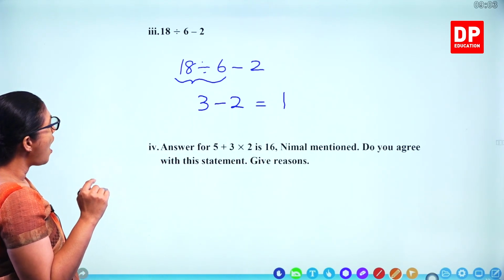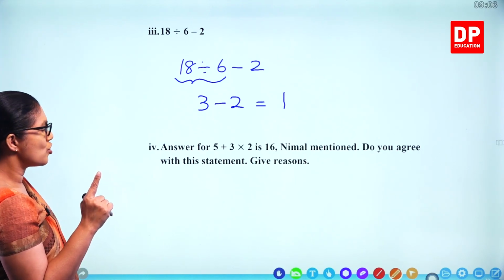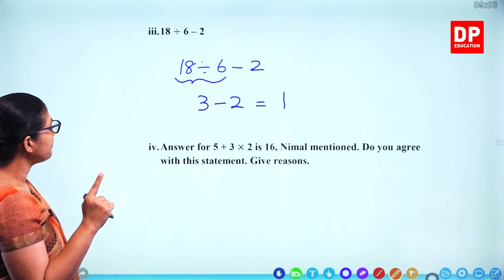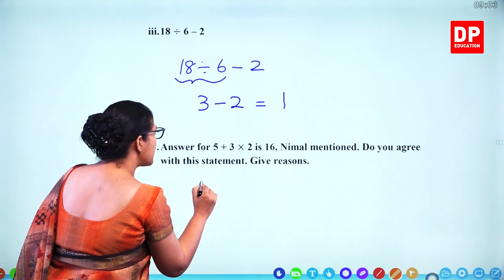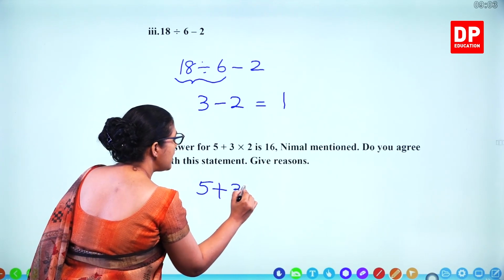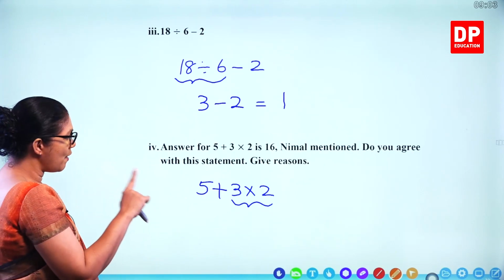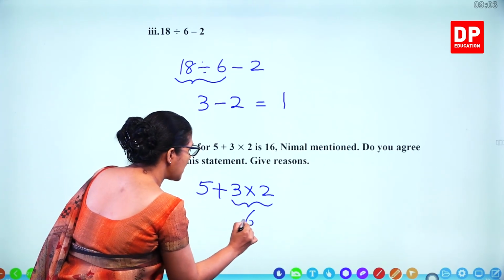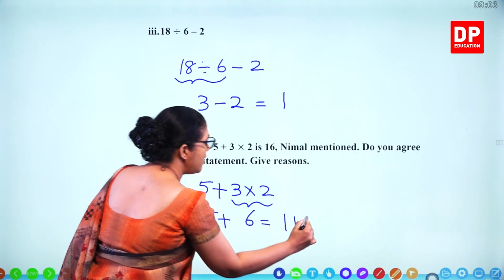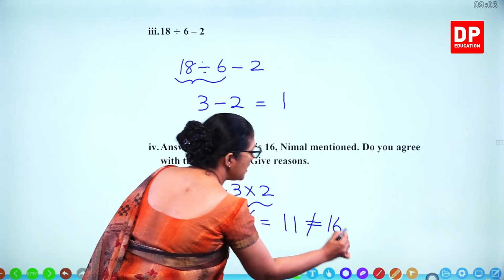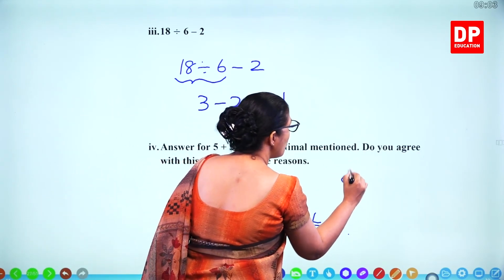Part 4. The answer for 5 plus 3 into 2 is 16, Nimal mentioned. Do you agree with this statement? Give reasons. Let's see what the answer is. 5 plus 3 into 2. According to BODMAS, you have to do multiplication first. 3 times 2, 6. 5 plus 6 is 11 and not 16. So do you agree?